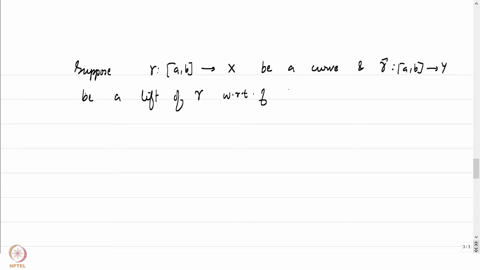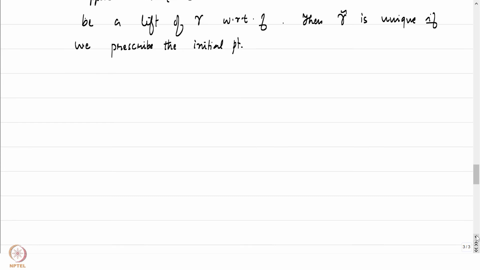Suppose this is the case, then the curve gamma tilde is unique if we prescribe the initial point, by the uniqueness of the lifting that we mentioned a few minutes back.